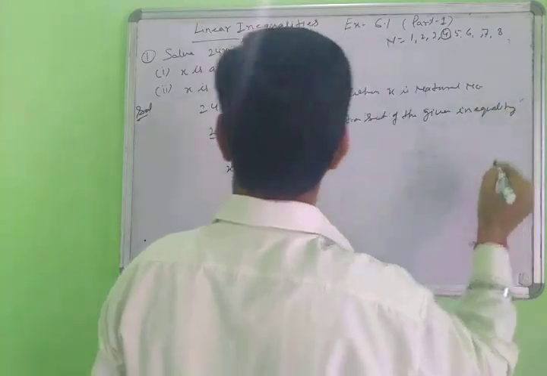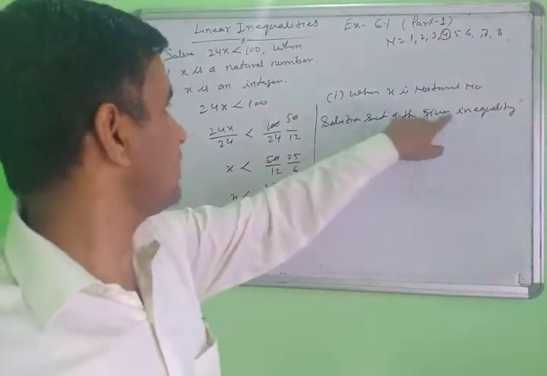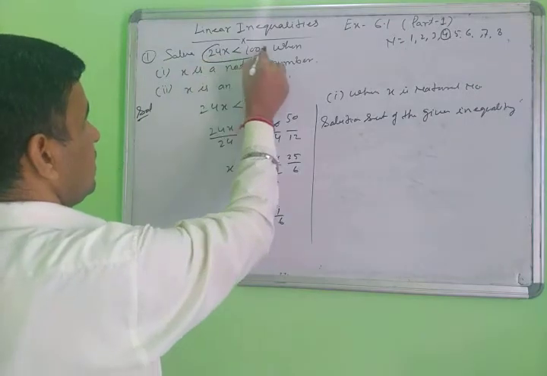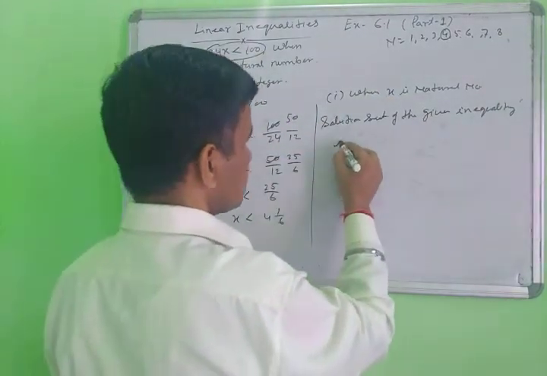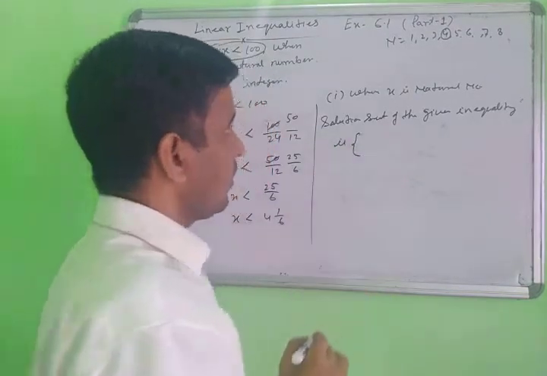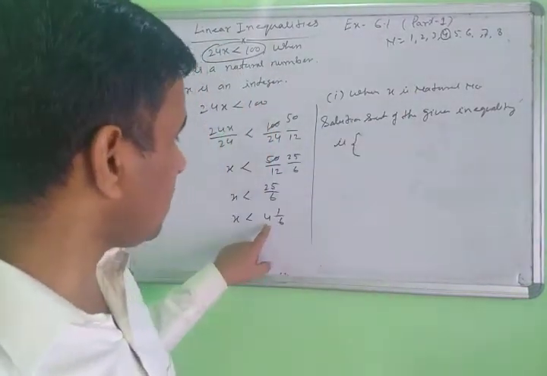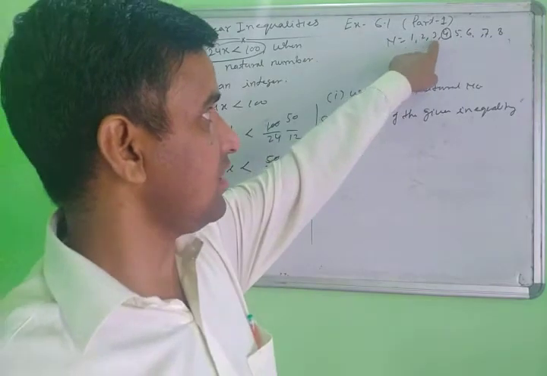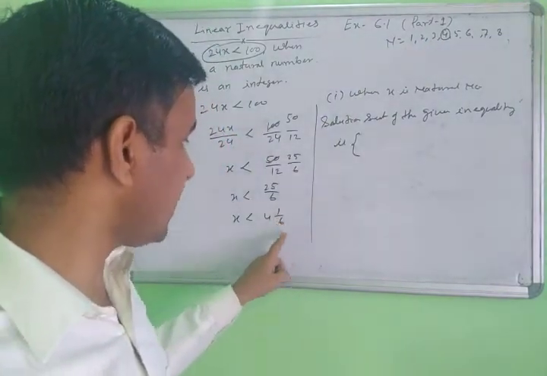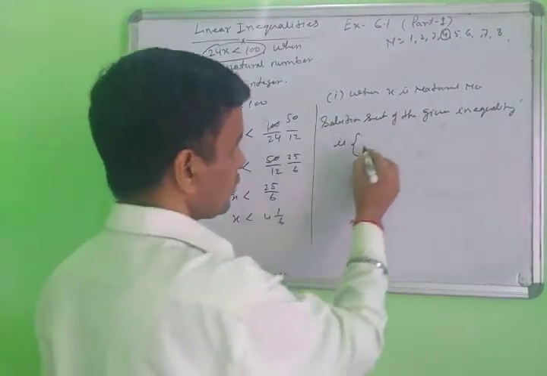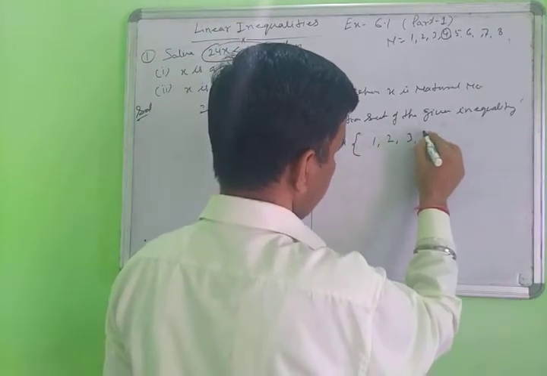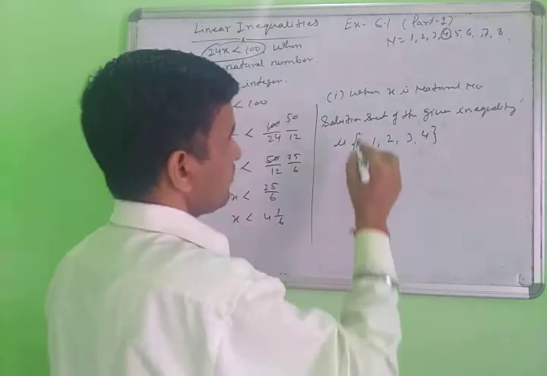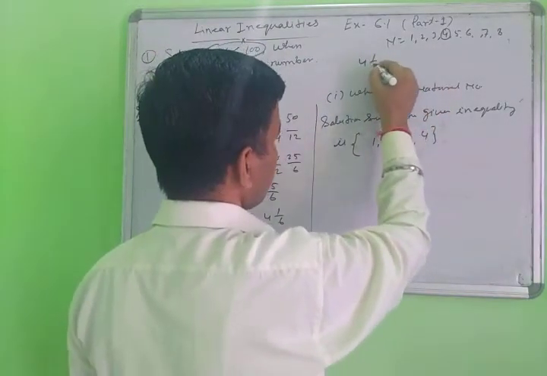The solution set of the given inequality, when x is the natural number. If it were less than 4, then we would count up to 3, but here it is 4 whole 1 by 6, with 1 by 6 extra.